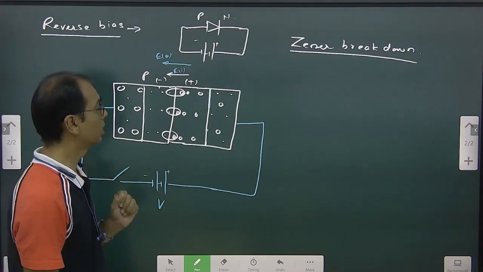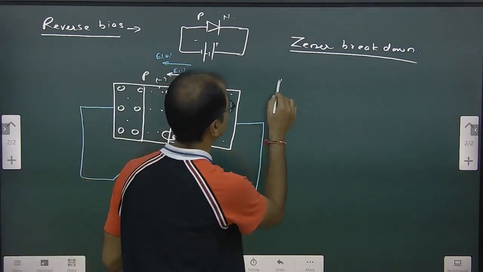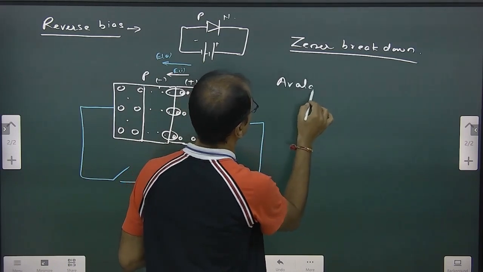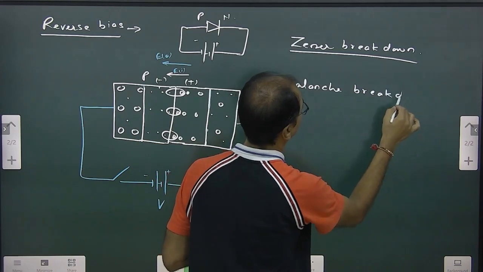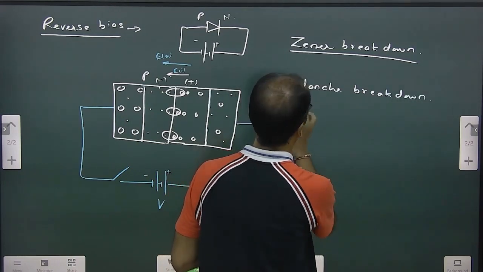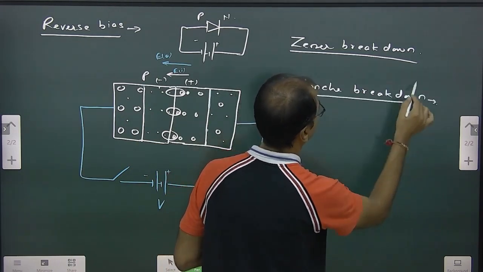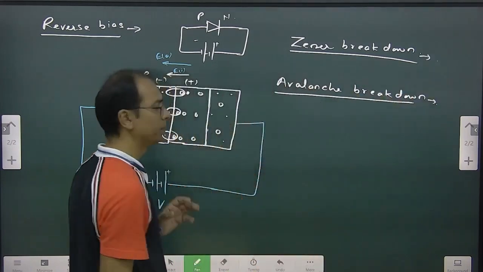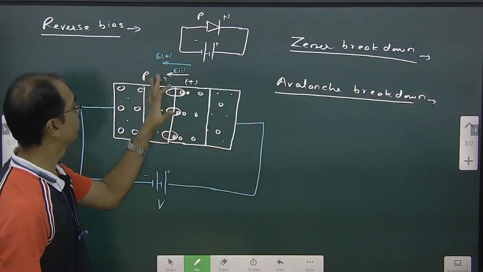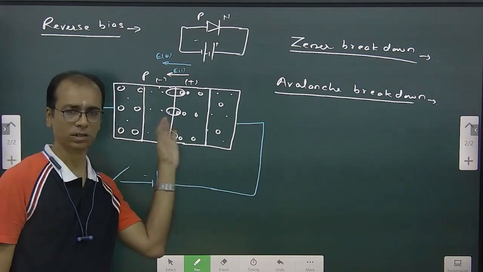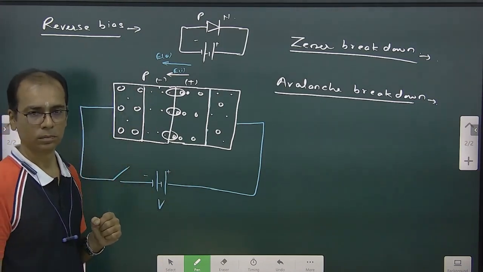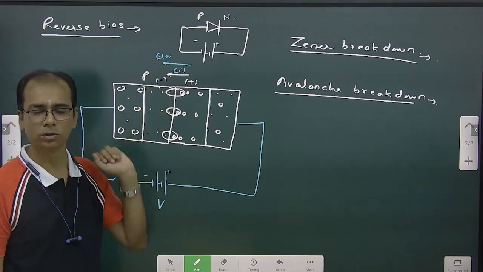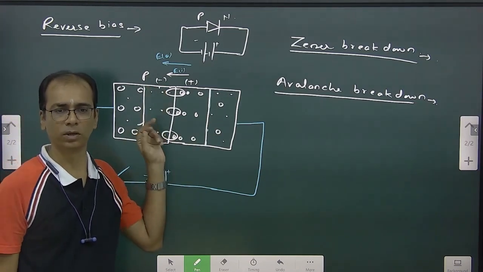Right. There is another one which is called avalanche breakdown. Now, what is that? We all know that because of this electric field, these electrons and minority charge carriers will pass through this. It passes because electrons always move opposite to the direction of the electric field.